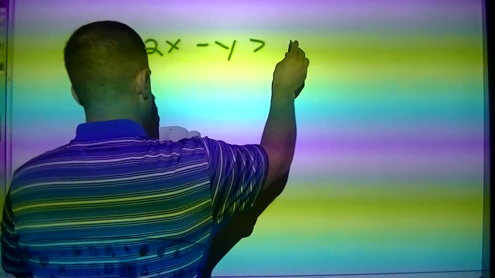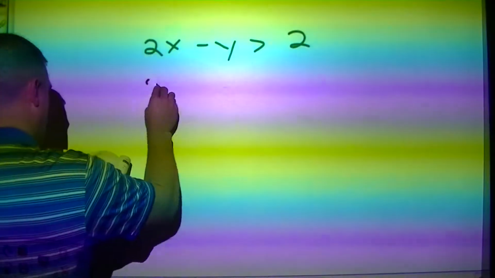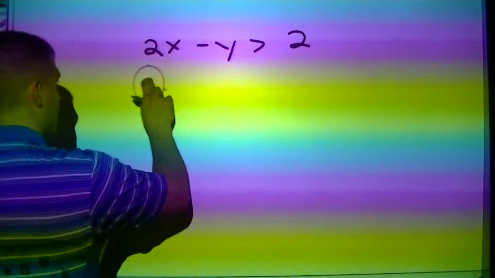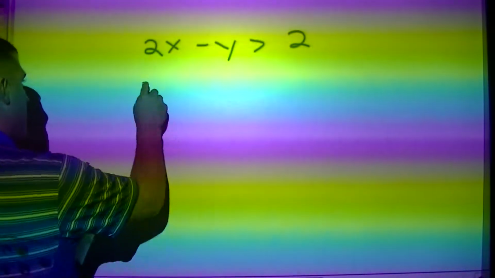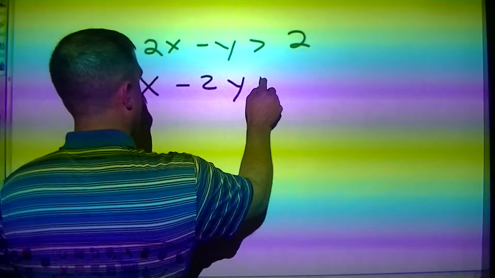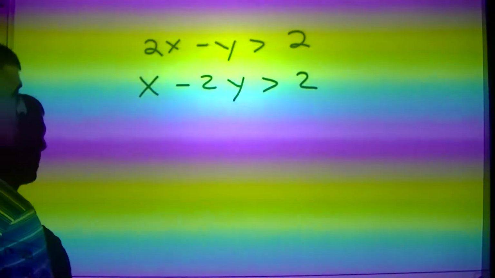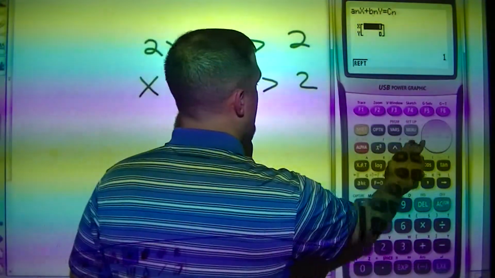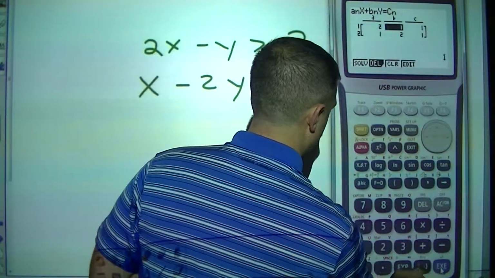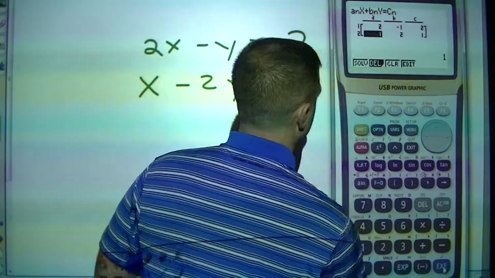Let's say I have 2x minus 1 greater than 2. Let's say x minus 2y is also greater than 2, okay? Once again, since those are x and y on the same side, I'm going to do 2, negative 1, and 2.